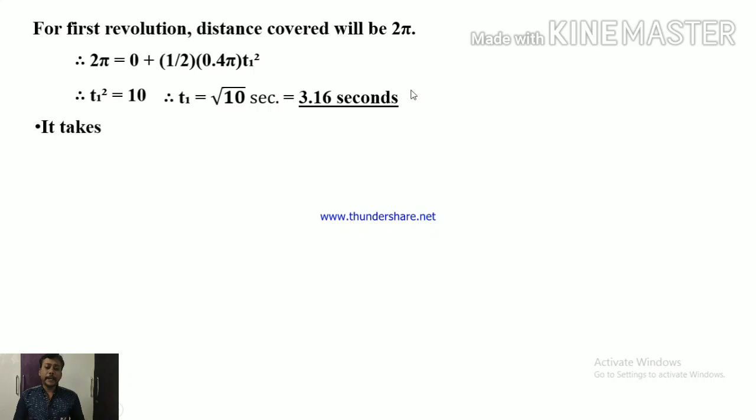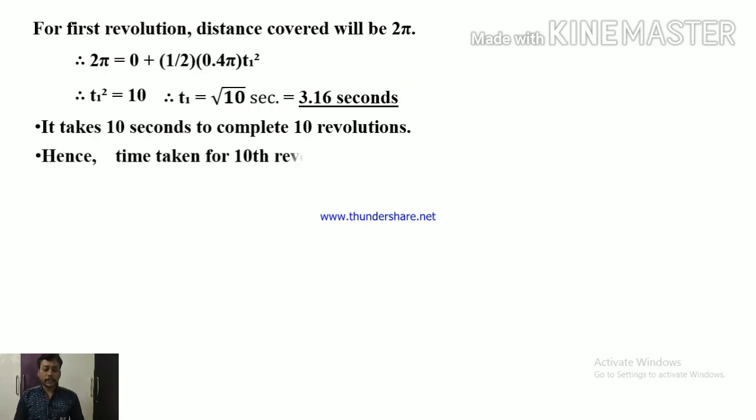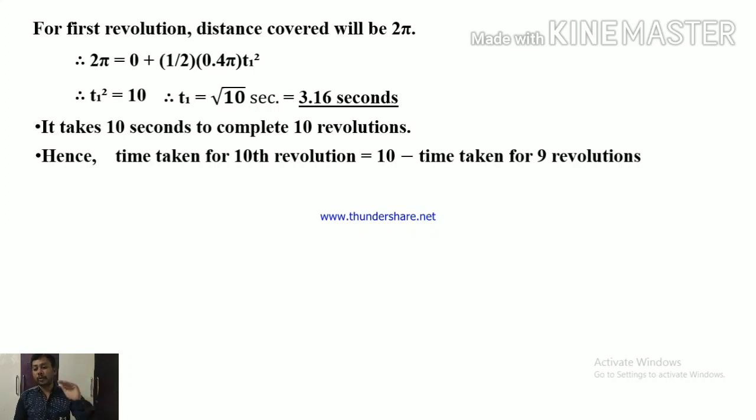Now it takes 10 seconds to complete 10 revolutions, and the time for the first revolution is 3.16 seconds. Hence we have to find the time for the last revolution. Last means the 10th revolution. The time taken for the 10th revolution is the total time minus the time taken for 9 revolutions. Here the total time is given, that is 10 seconds, but the time taken for 9 revolutions is not given.